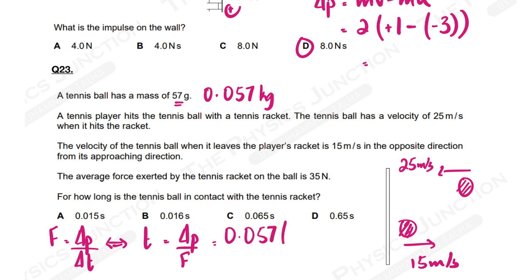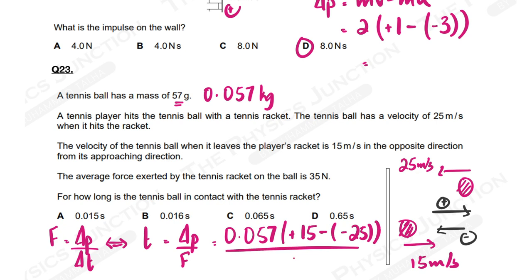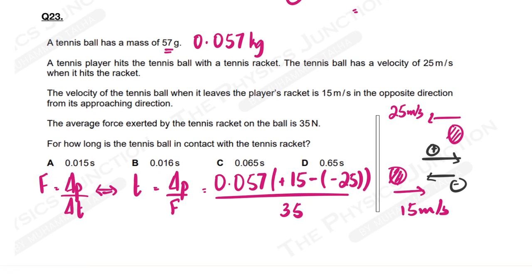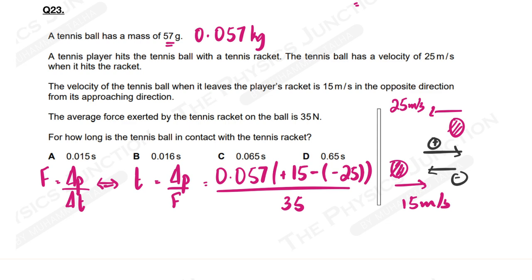Again, sign convention, obviously, right positive, left negative. So your V is 15 to the right, so this is positive. So plus 15 minus the initial velocity, which is 25 to the left. So this is -25 divided by the force, which is 35 newtons. So you just plug all of this into your calculator. The answer that we get is C.